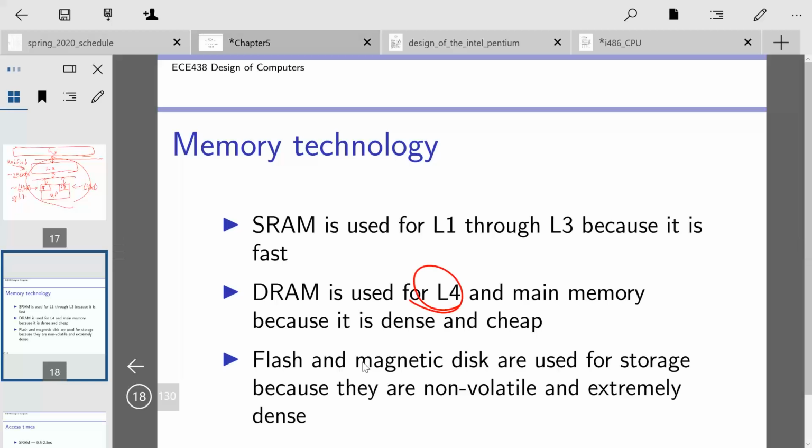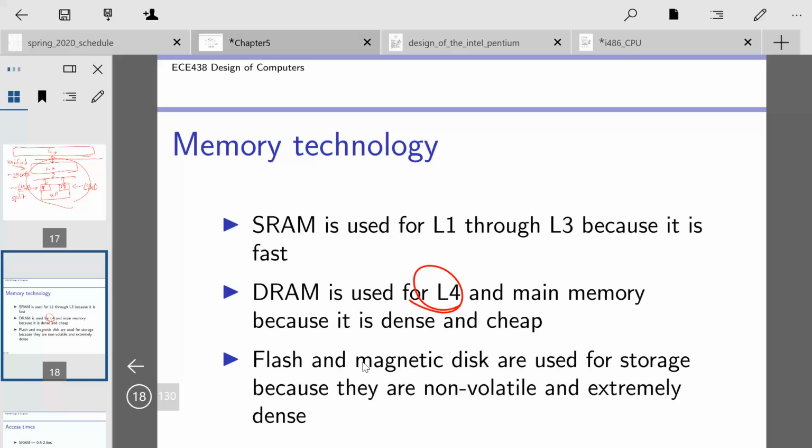Whoa, now I'm telling you that there's a level 4, and that is the case. We're starting to see level 4 caches, and level 4 caches are typically made out of DRAM that's used in a die stacking configuration, either 2.5D integration or 3D integration. What they'll do is take that extra DRAM die and package it with your processor die.